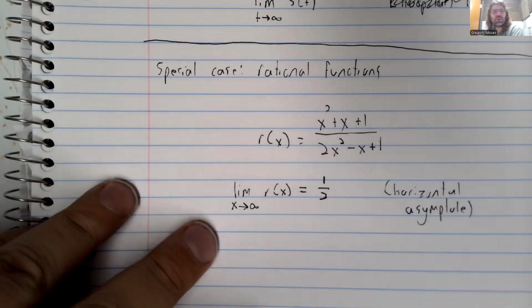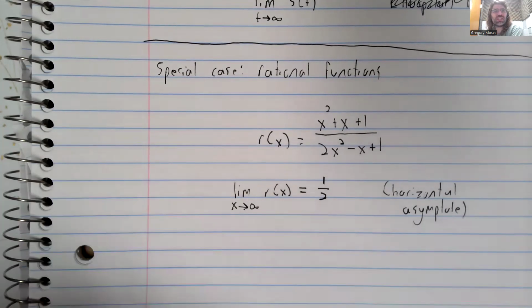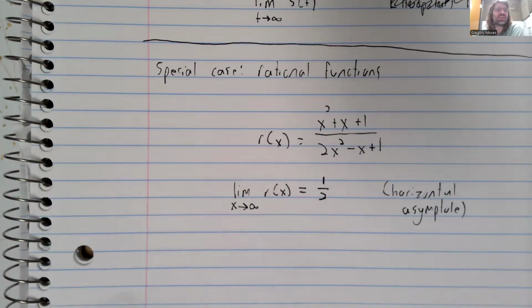We can find horizontal asymptotes in a few ways, I guess I'd say. There's the thing I teach my college algebra students, and then there's the fancy calculus way. And I guess since this is a calculus class, I'll start with the fancy calculus way.